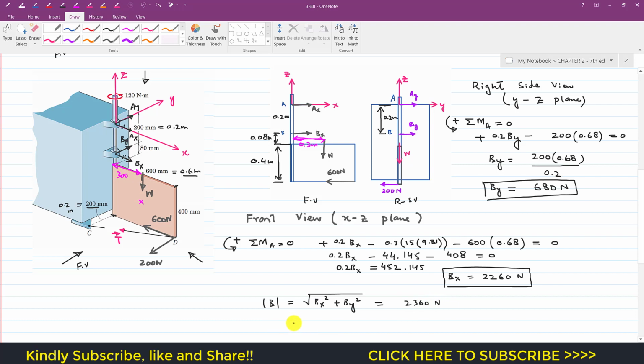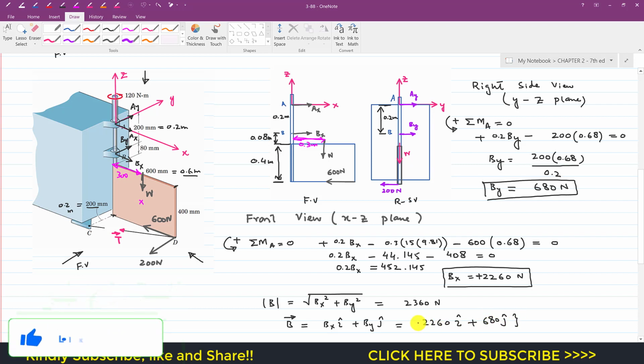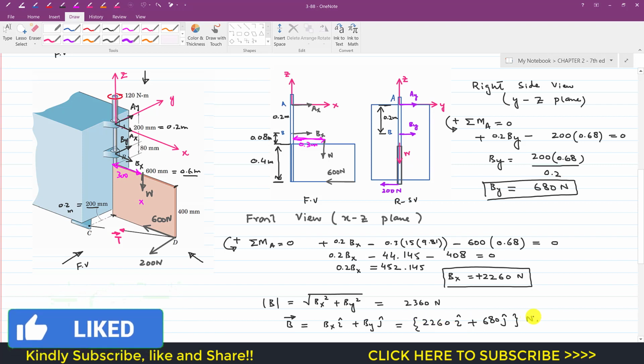And if we want to represent that B reaction as a Cartesian vector, then this will be equal to Bx i plus By j. So Bx magnitude is 2260, and here the plus sign means that it is acting in the positive x direction. Our assumed direction is accurate, right? So this is 2260 in the positive i, and By is 680, so this is plus 680 in the positive j, and this is in newtons.